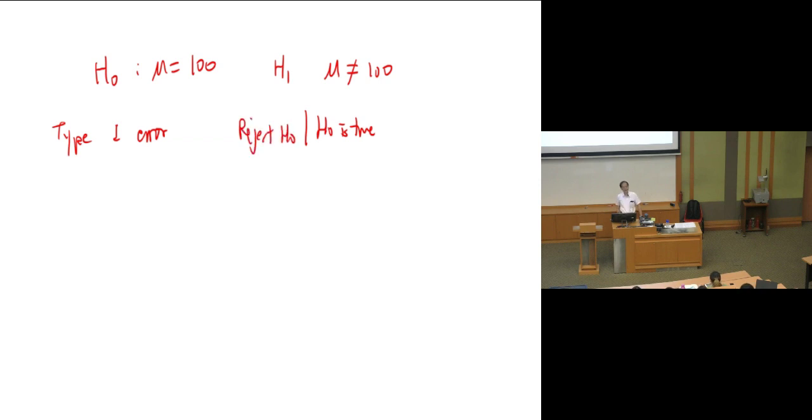That is a type 1 error. Type 2 error is when H0 is false, and then we do not reject it. We also commit an error. So these are the types of error.